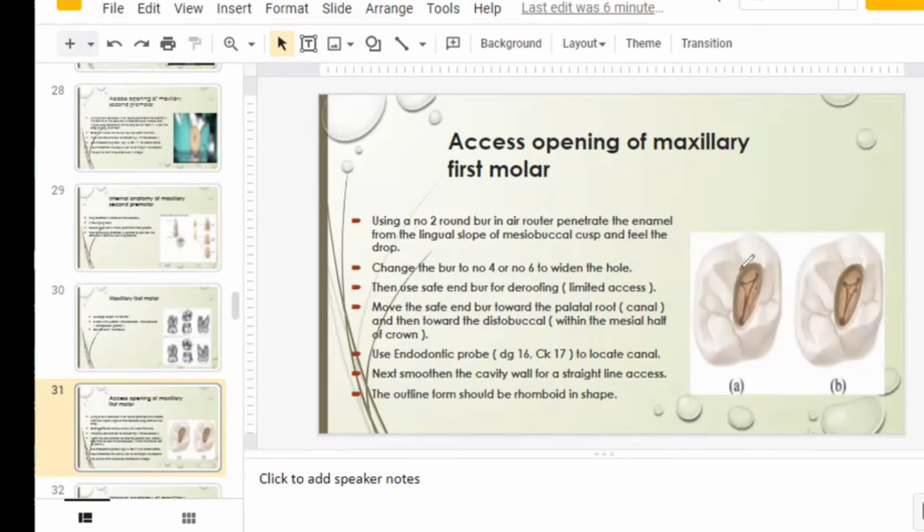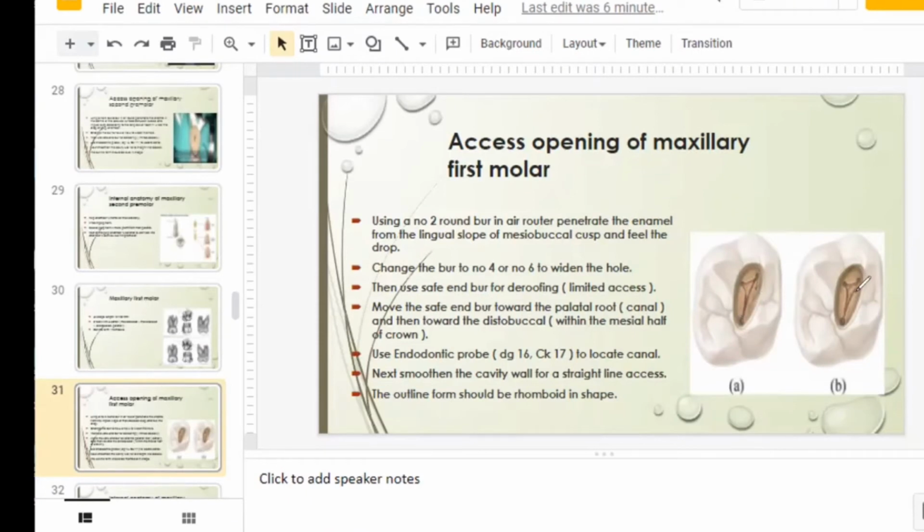At the marginal groove, this is called the distobuccal canal, DB. This is mesiobuccal, this is distobuccal, and this is the palatal canal. The palatal canal is at the central groove of the palatal groove.